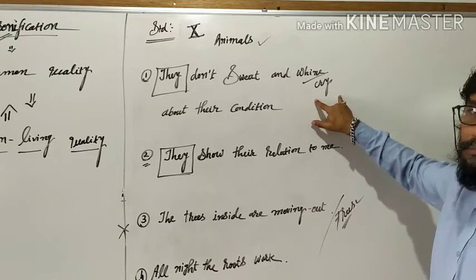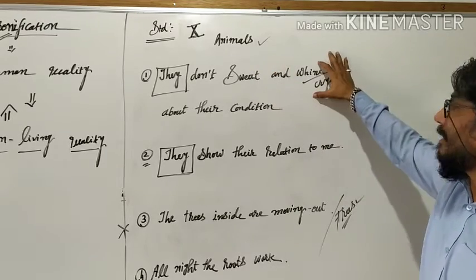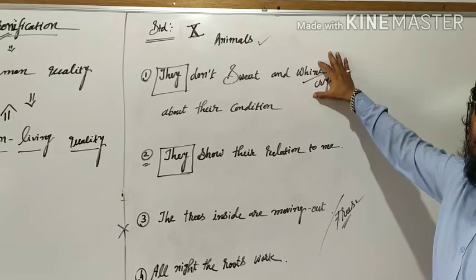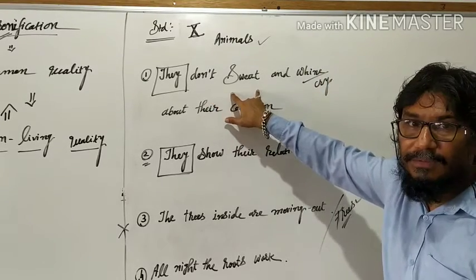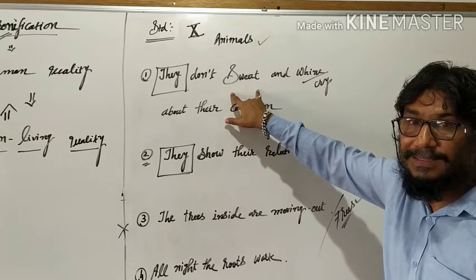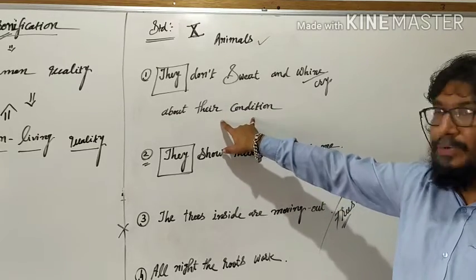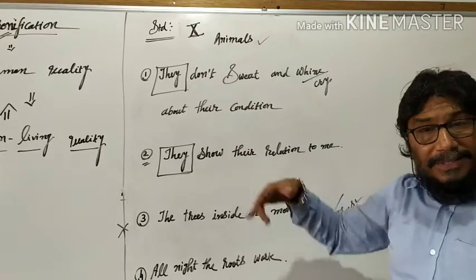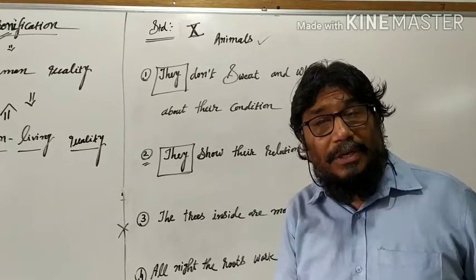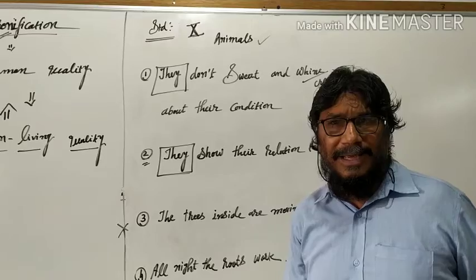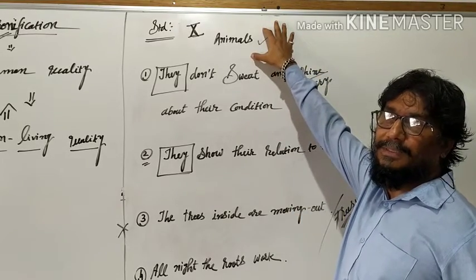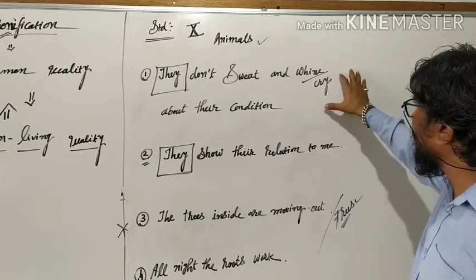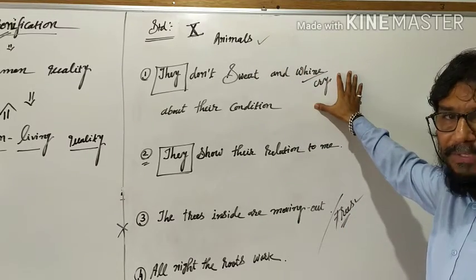Whine is to cry. Sweating and crying is the characteristic of human beings. They don't cry, they don't sweat, about their condition. This is the general tendency, a human quality, and that we have applied to animals. So this is the example of personification.